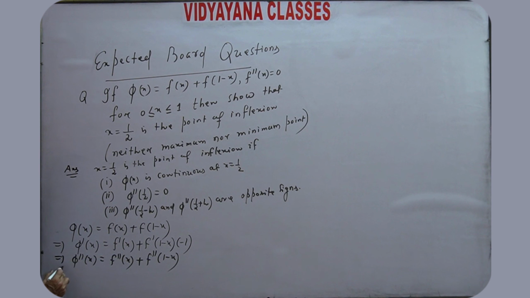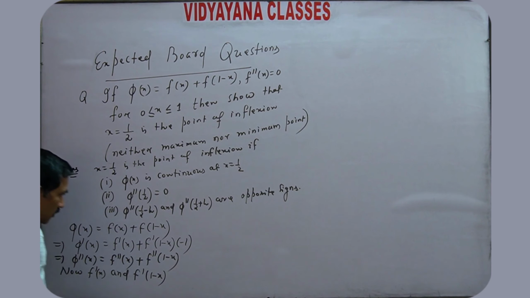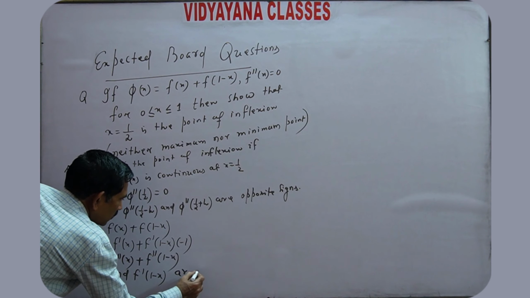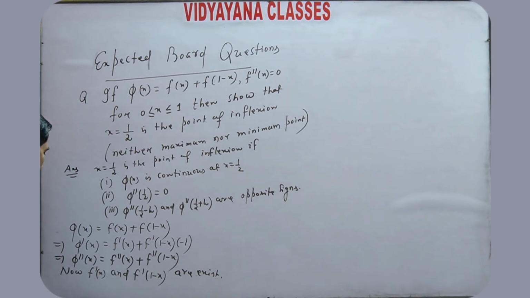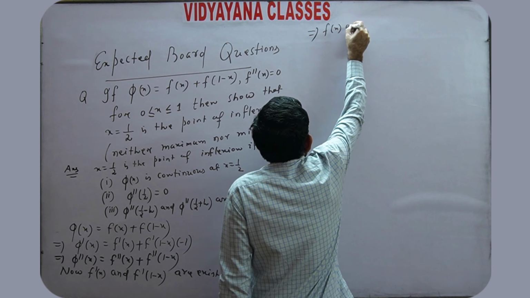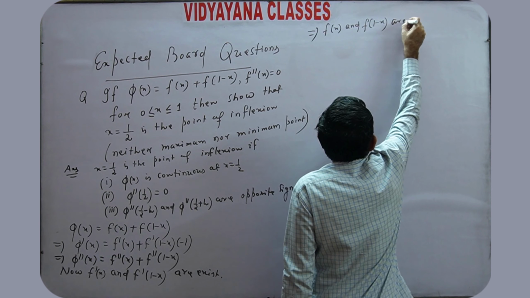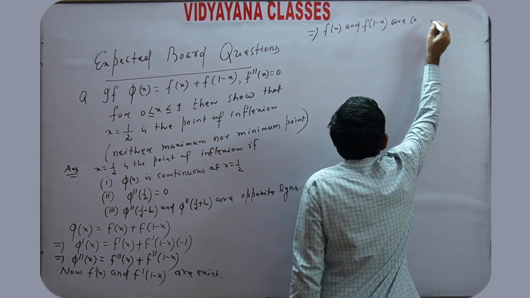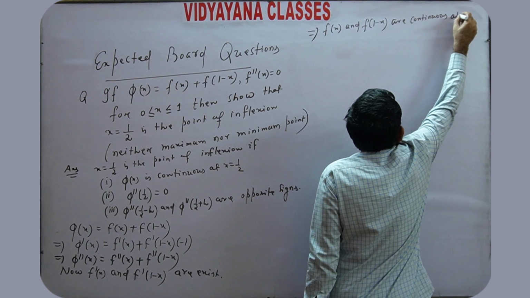Now f dash x and f dash (1 minus x) exist. The derivative of f(x) and the derivative of f(1 minus x) exist, which implies f(x) and f(1 minus x) are continuous at x equal to half.